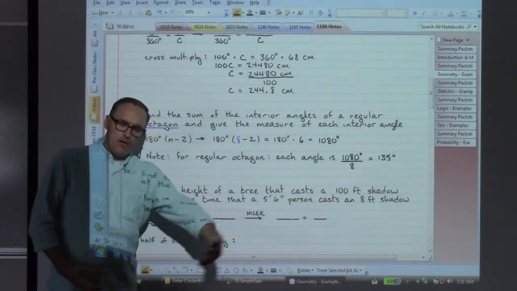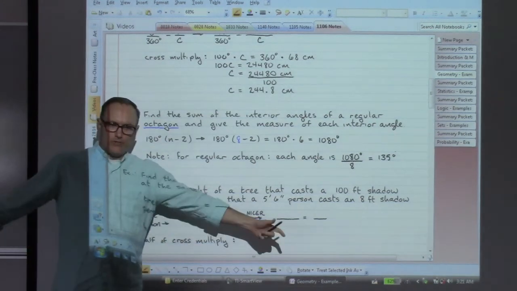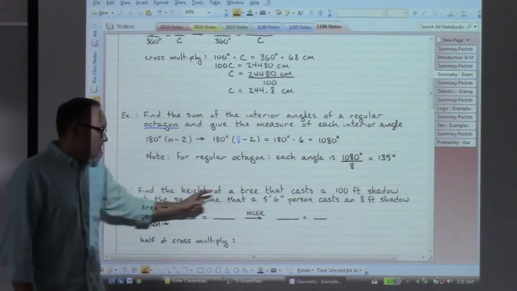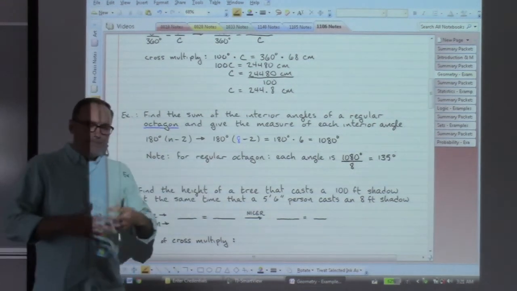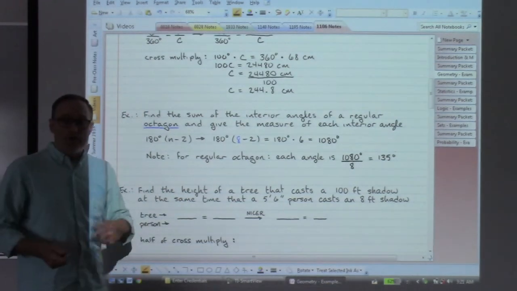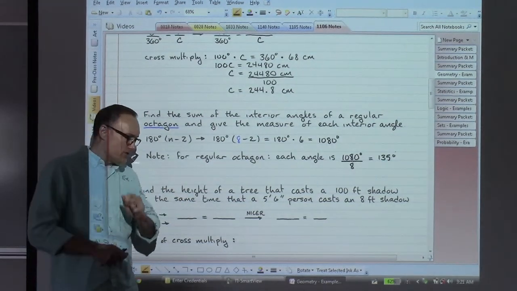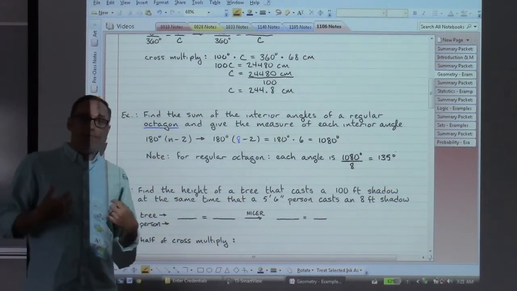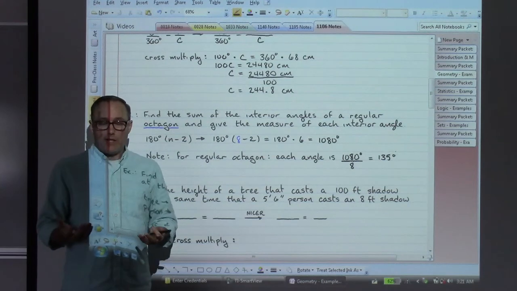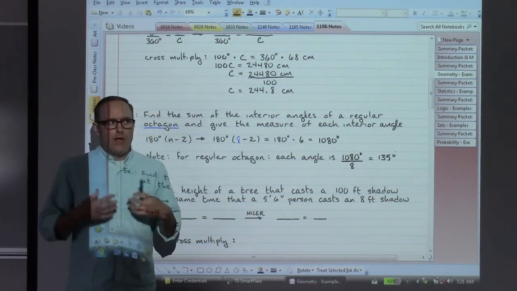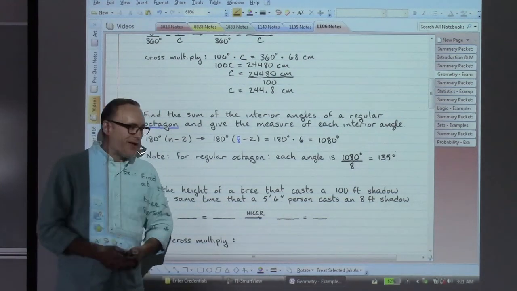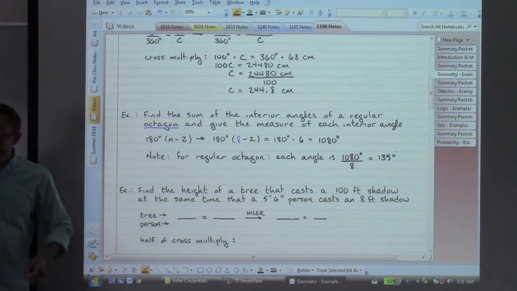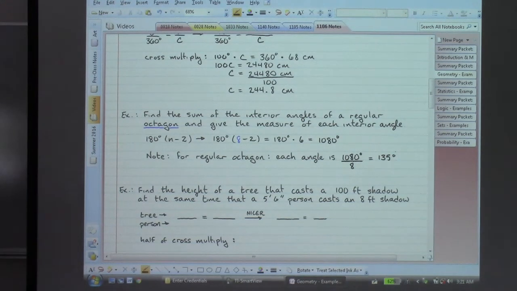We can have somebody help us measure our shadow. Between two people, we can measure out the shadow length for a tree, and therefore we could say, oh, okay, that tree is so many feet tall, and that might be important as far as, hey, I want to climb a tree that's going to be tall enough, or cut down a tree that's going to be tall enough, or whatever sort of purpose you might have for measuring a tree, because maybe you're just bored.